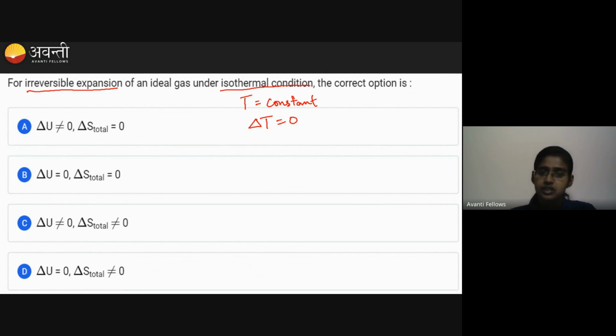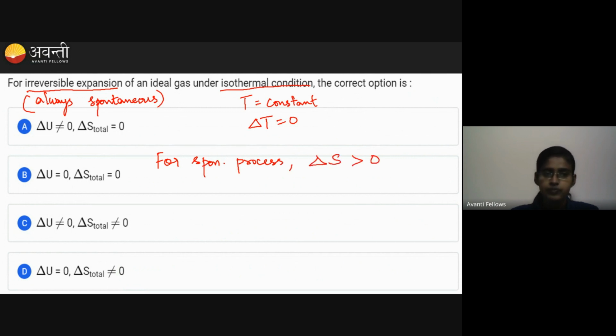Irreversible processes are always spontaneous. For a spontaneous process, delta S of the universe will be greater than 0, right? And irreversible is always spontaneous. So here the delta S value is going to be greater than 0, which means it is not equal to 0.